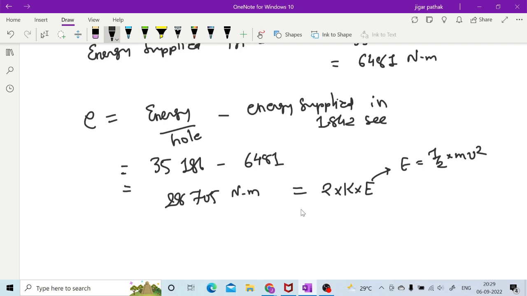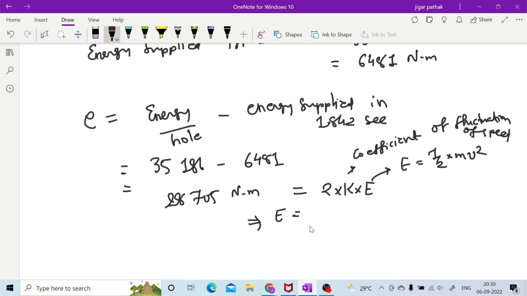Now this k is your coefficient of fluctuation of speed, right? So once you give simplification, you will calculate E, because coefficient of fluctuation is given.